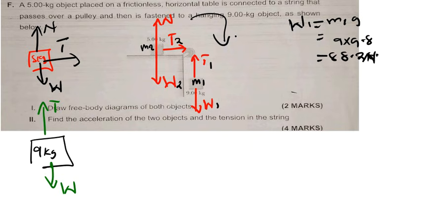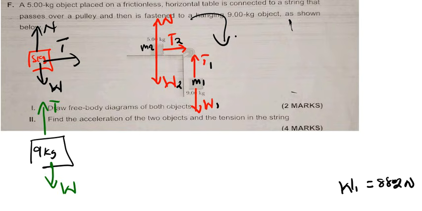So we have the weight, that is W1, being equal to 88.2 newtons. Now look at this. Let's now go ahead and look at weight 2. So weight 2 is M2 times G. What is M2? M2 is 5 times 9.8.